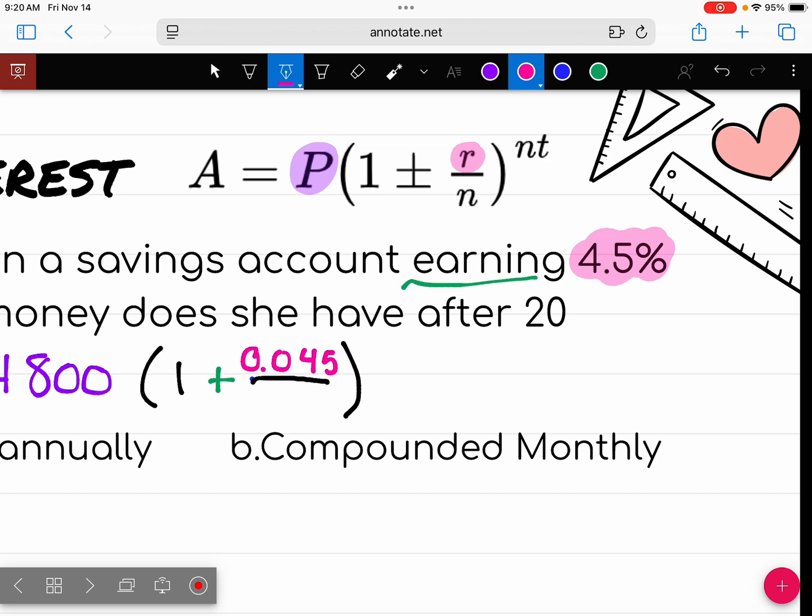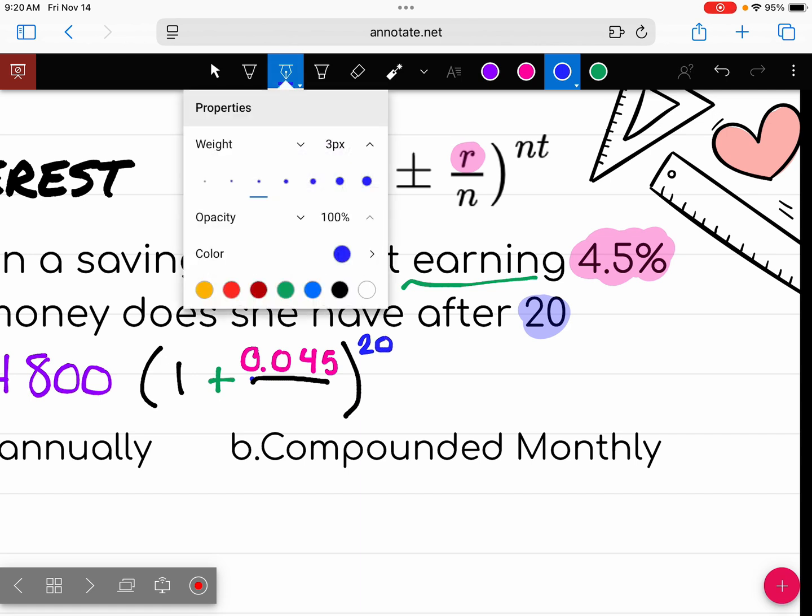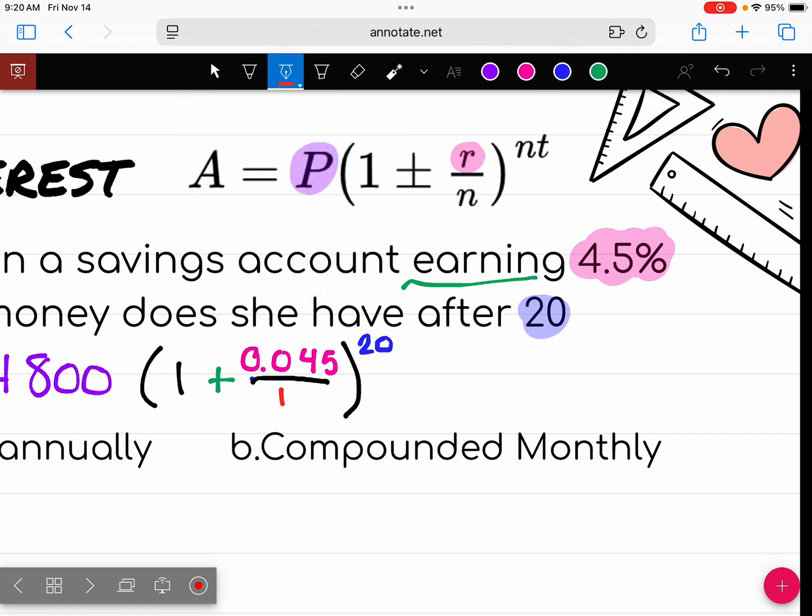And for this one, we're also told our time of 20 years. So the only thing that's going to be different in these two equations is this n piece. And what n is are these compounding words that we have down here. So we're going to divide our fraction by n, and we need to multiply our exponent by n.